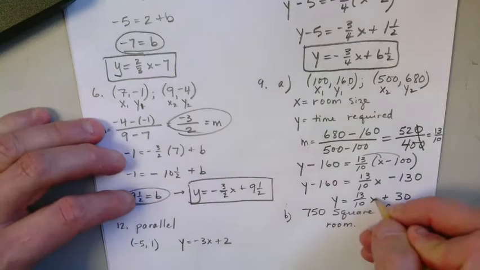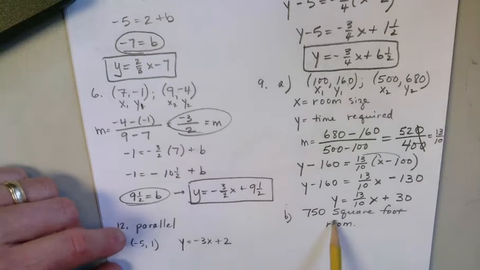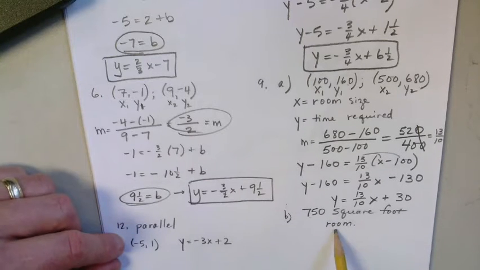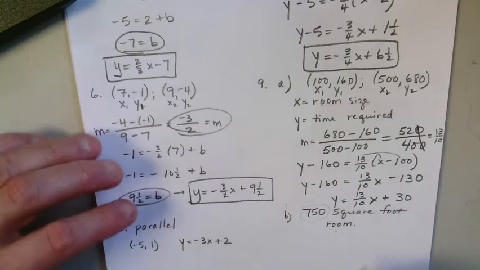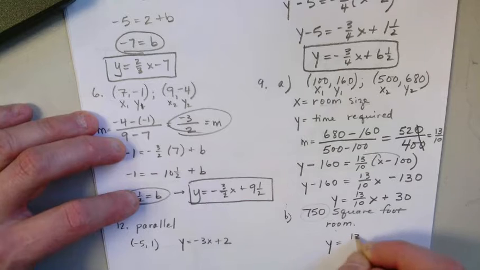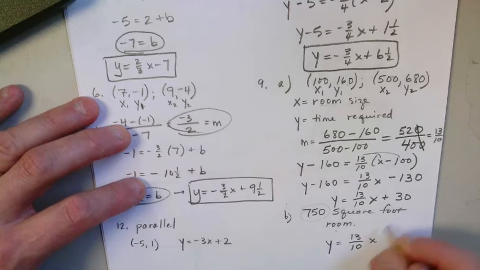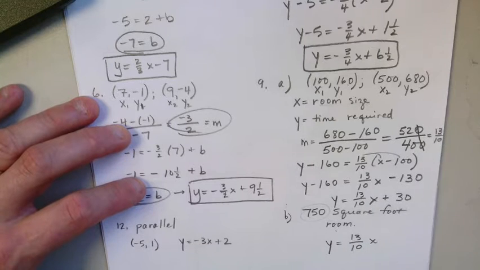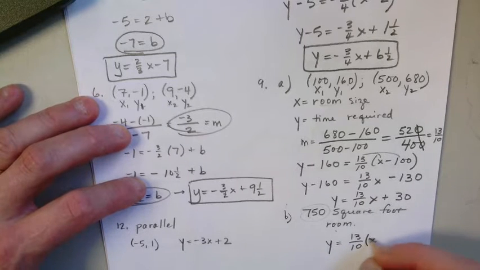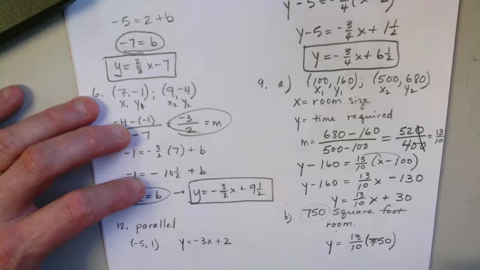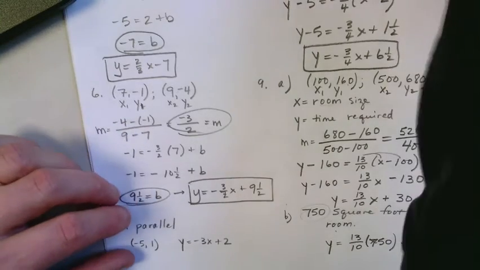Okay. Now, if I look here in part B, it says 750 square foot room, and it's asking how long it's going to take. So I'm going to take that 750 and plug it in for x, the room size. Oh, I want to plug that in for the room size, so that should have been 750 right there, plus 30.